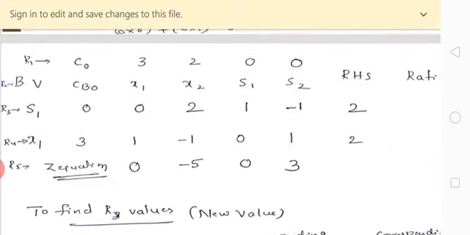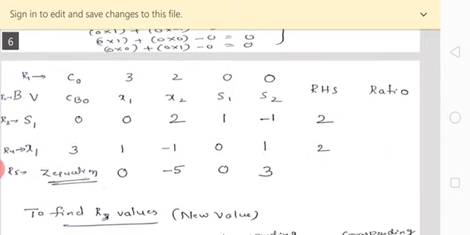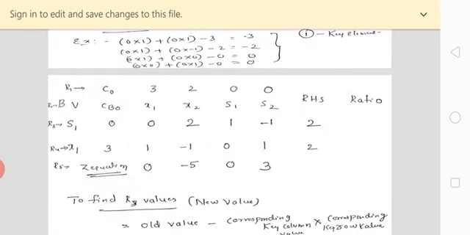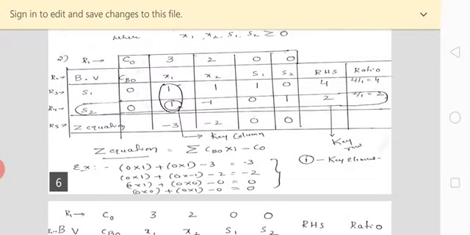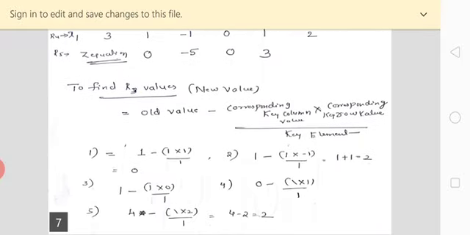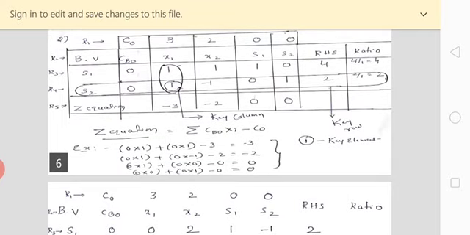Similarly, under x2 I have written 2 under the R3 row. Yes or no? Now how did I get 2? The old value under x2 is 1. Here 1 into the key column value: the key column is common, it is 1 for the entire row.